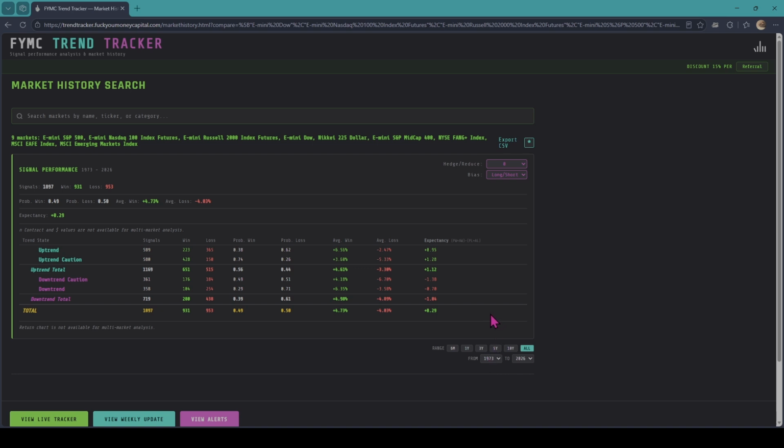Like what we have the 2008, 2009 crash, right? Recovery starts in 2009. Okay, yes, there's a year where downtrend made money and it had a very good expectancy, and a good average win, far outpacing the average loss. You can see that was a net positive.